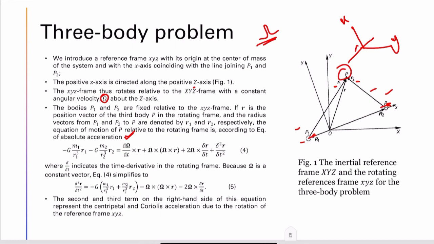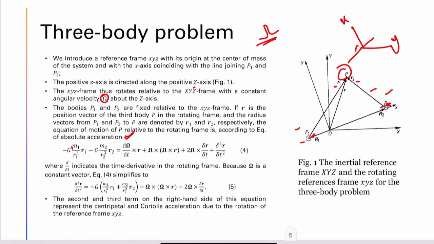This is nothing but acceleration equivalent. When I take r common, this is the subtraction of r equivalent. We have seen in the two body problem, G m1 by r cube into r1 is from the object r1, and this is from the object r2.